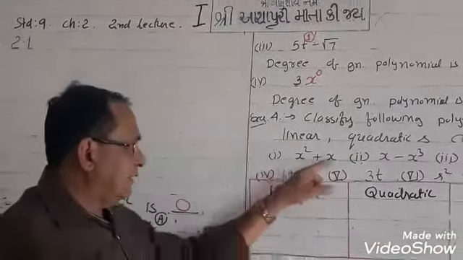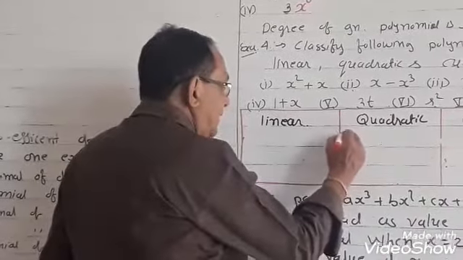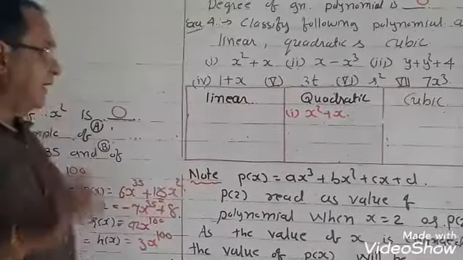x square plus x, it is a quadratic. I will write here x square plus x. Clear?